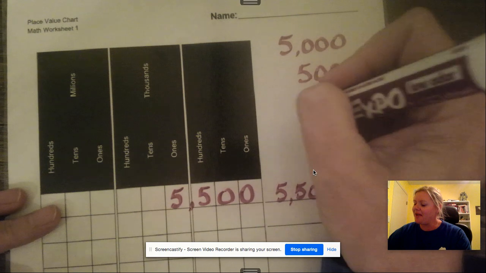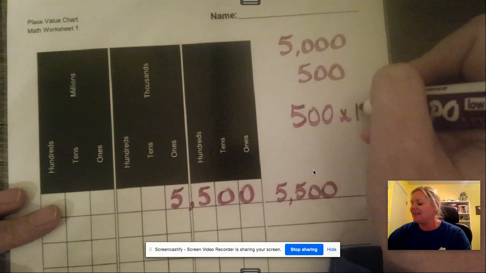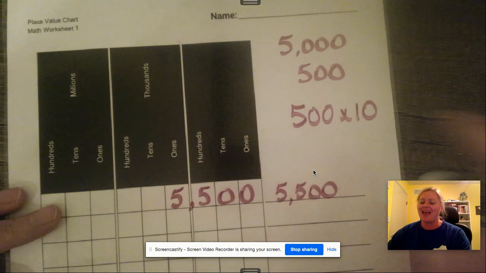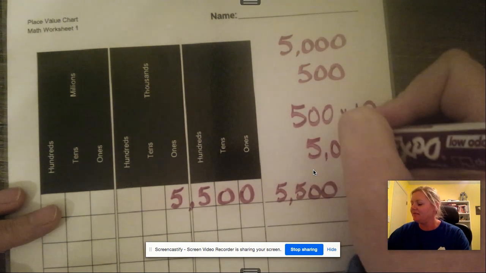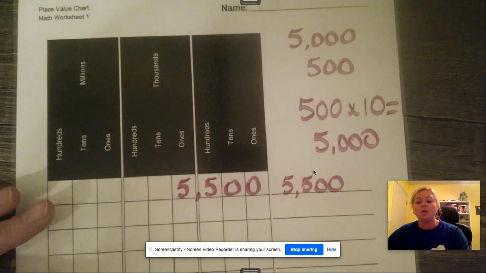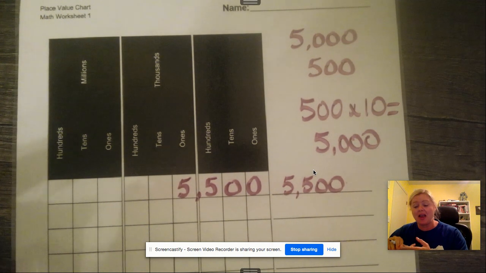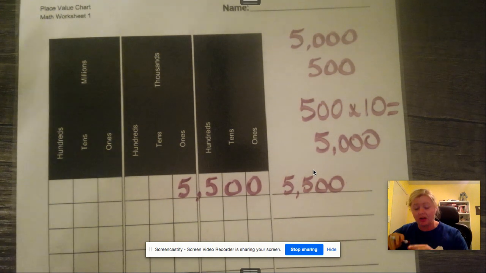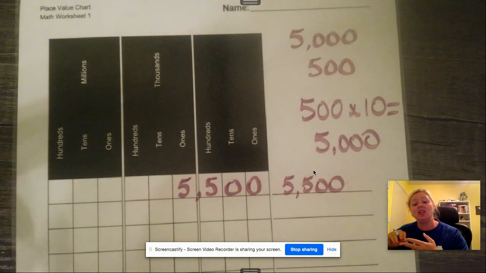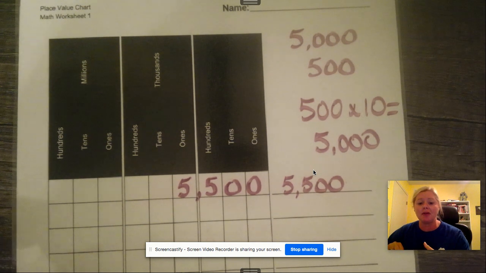If I take my 500 and I multiply it by 10, that's going to give me 5,000. When you have two numbers that are the same number and they are right next to each other, that means that the larger number is 10 times as great as the smaller number.